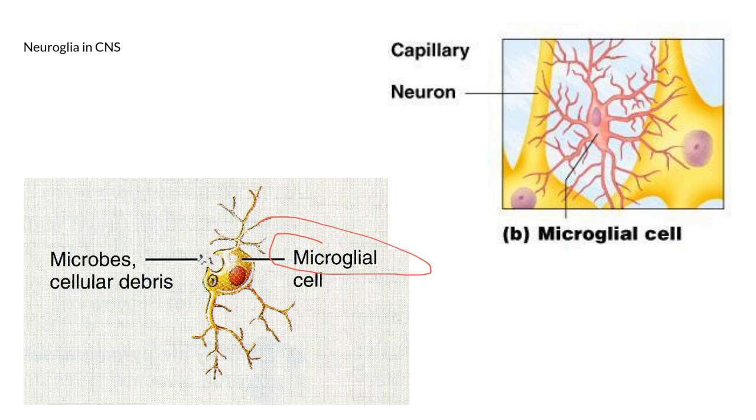You'll notice it acts like a little phagocyte. So these are a type of phagocyte. If you remember, a phagocyte is a cell that eats things. And so these are going to help clean up our brain. They're going to help dispose of dead cells and bacteria that may have gotten into our central nervous system.